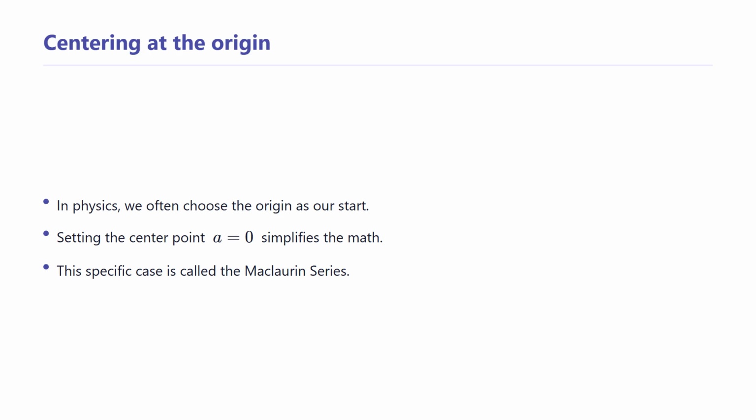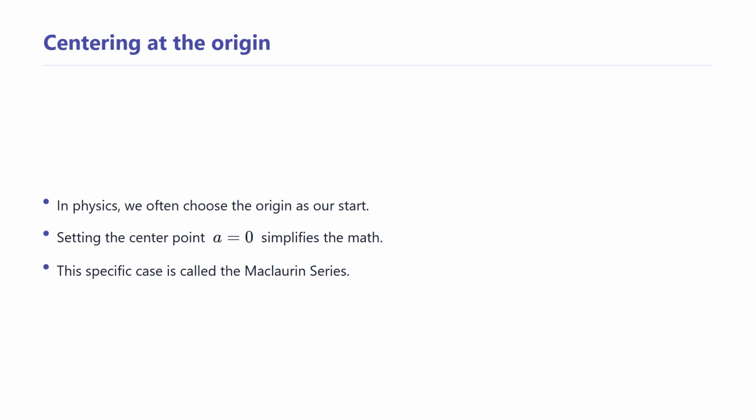This formula we just saw is incredibly powerful. But it can be simplified. Very often in physics and mathematics, we choose our starting point to be exactly at the origin. This means we set our center point, a, equal to 0.